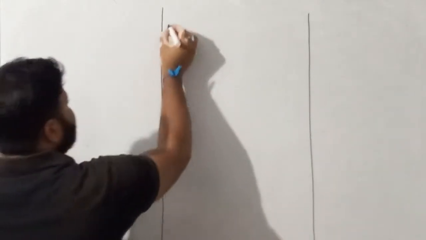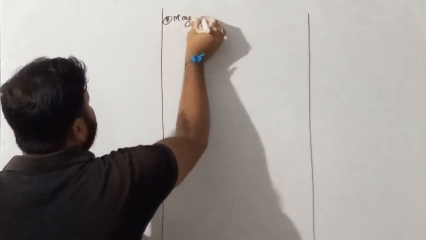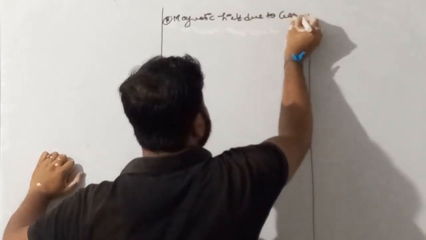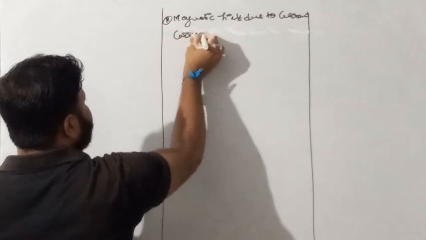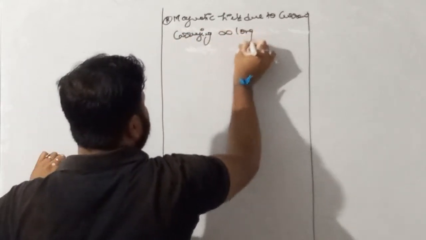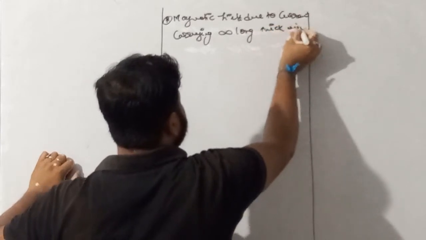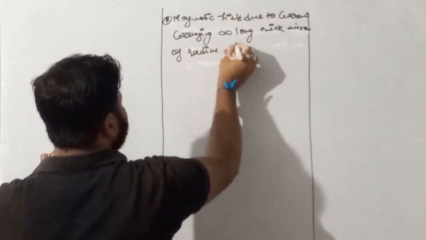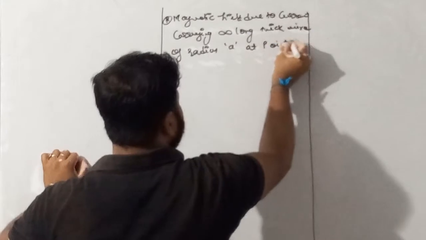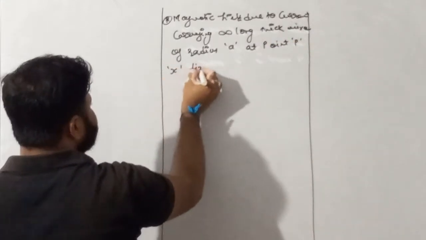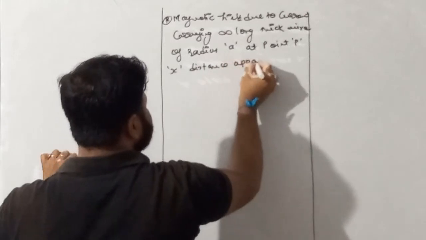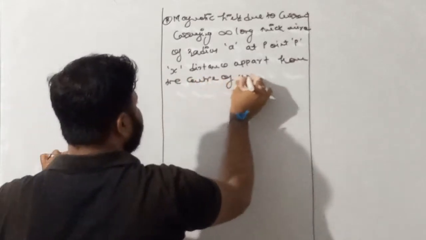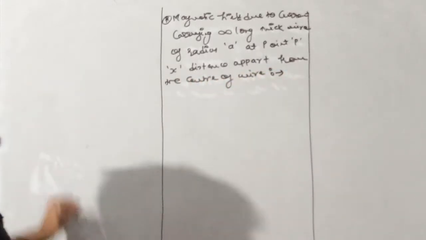So I am repeating once again: magnetic field due to a current carrying infinite long thick wire of radius A at point P, x distance apart from the center of the wire.